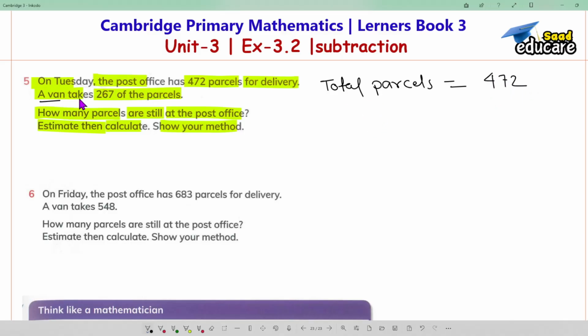Taken, a van takes 267 of the parcels, so taken is 267, right? So the actual calculation. How many parcels are still at the office? Actual calculation, or we can say actual, and in brackets we can write still in the office.